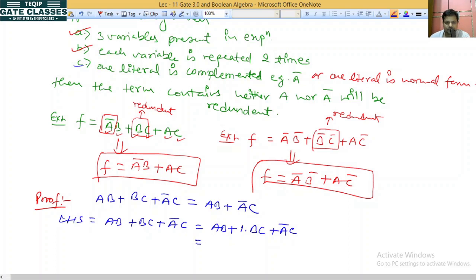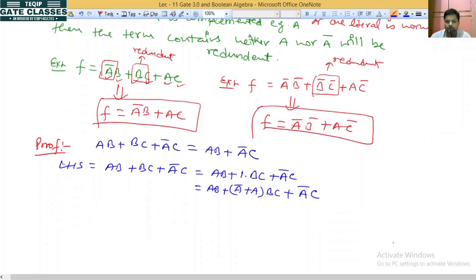Missing term is A. It will be (A bar plus A) times BC plus A bar C. Okay. So now we can write it as AB plus A bar BC plus ABC plus A bar C.